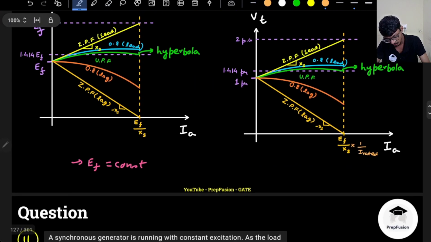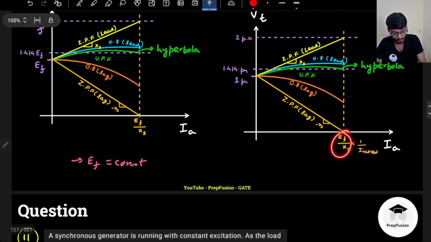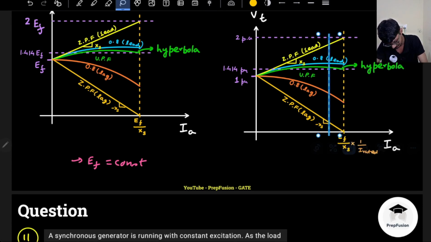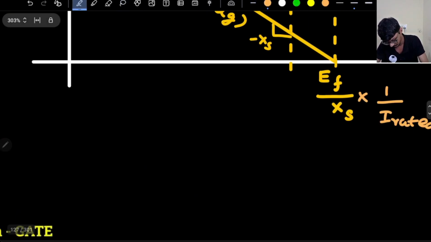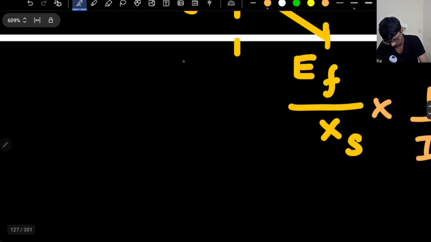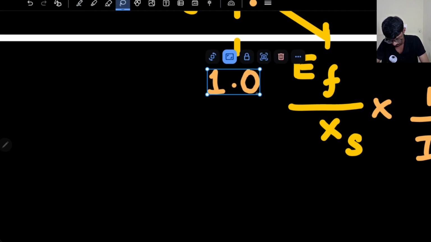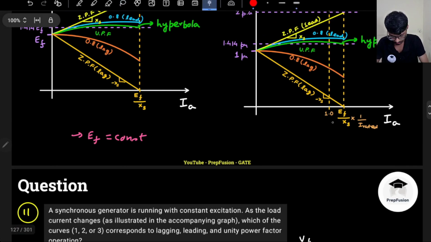And as this value is higher than I rated, your 1 PU, that is I rated in PU, will be somewhere behind this here. So this will be 1 PU basically.